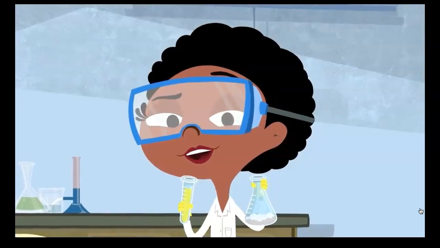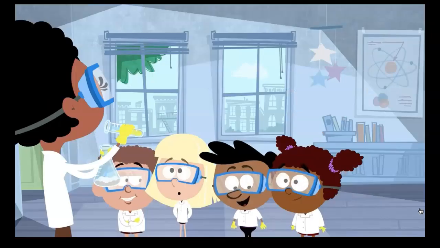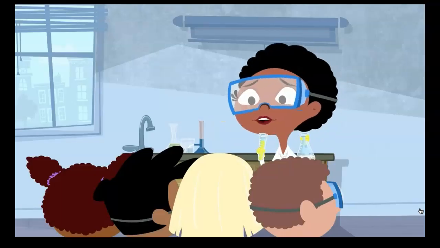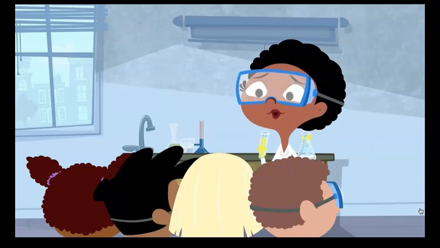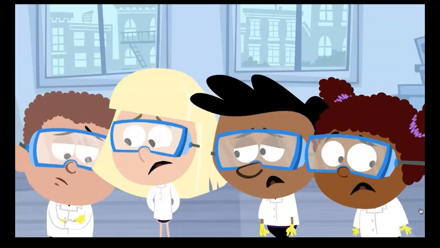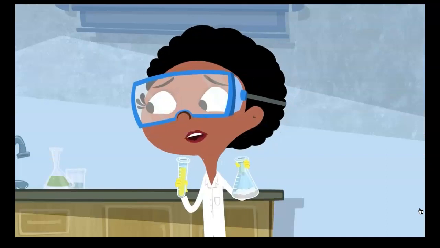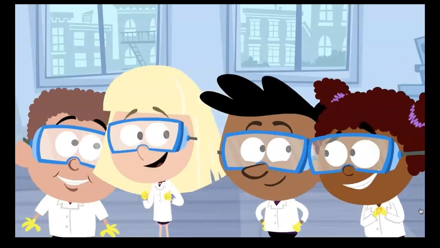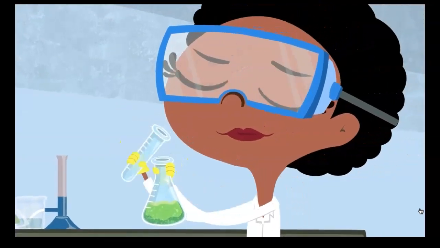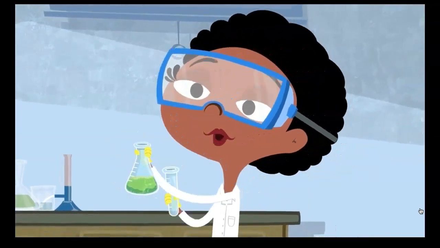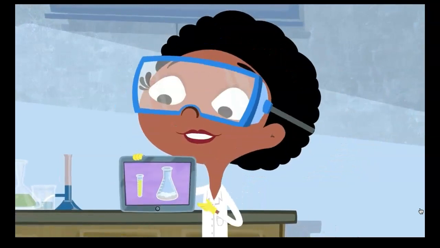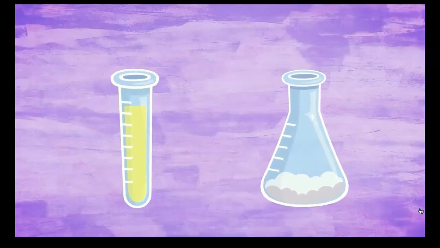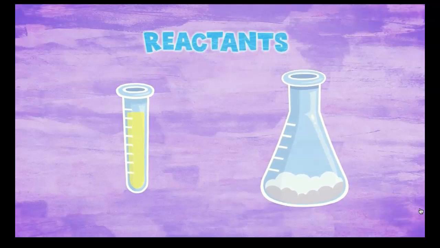Now everybody stand back. Is it going to explode or something? It might blow your mind, Amar, but no, it won't explode. Gosh darn it. Or maybe it will explode. Ooh. You see, when I mixed the substance in the beaker with the substance in the test tube, these were my reactants.